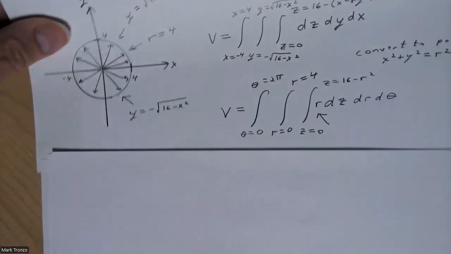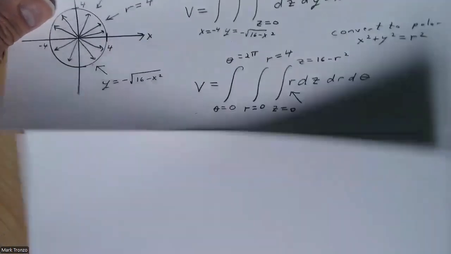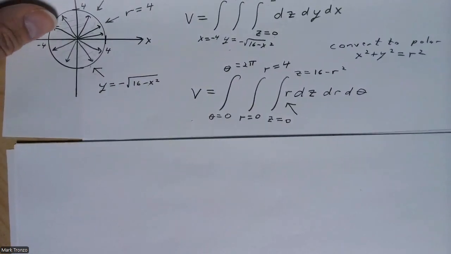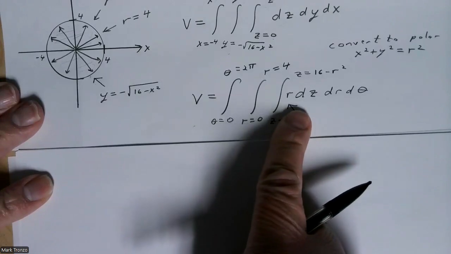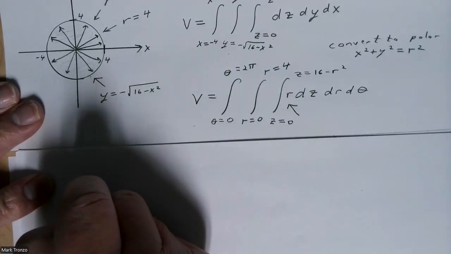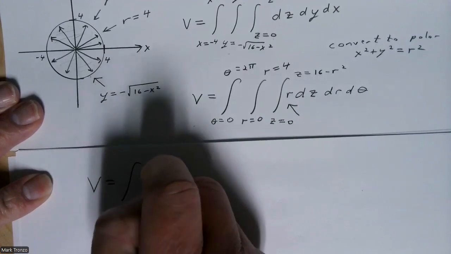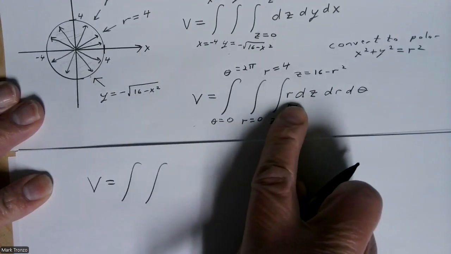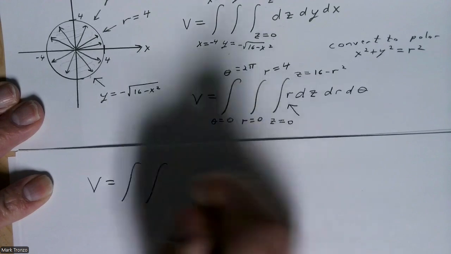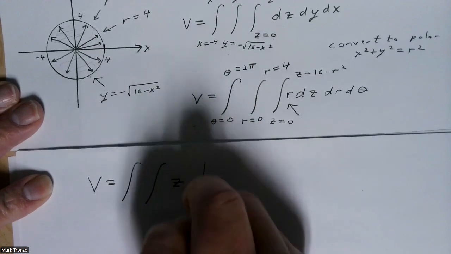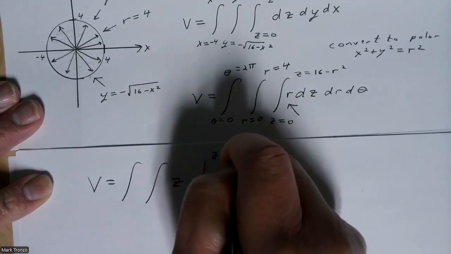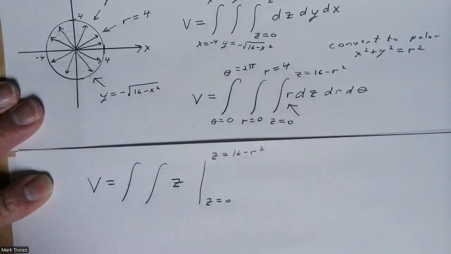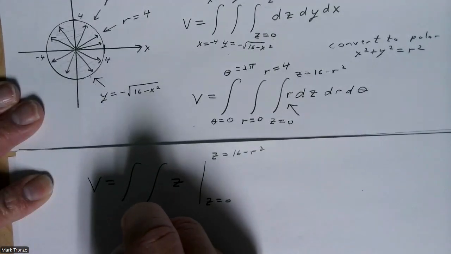So now we just have to evaluate the integral. Now it's just a matter of doing what we've done previously, except we have 3 integrals. So we're going to integrate with respect to z first. That's just going to give us z from z equals 0 to 16 minus r squared.